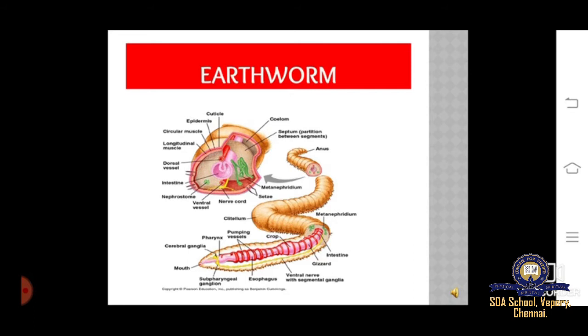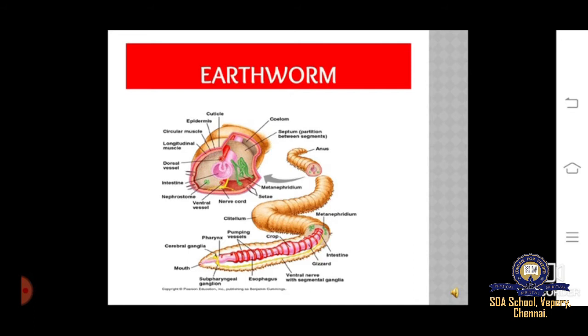Under the segments it has small bristles. Even if it is small, see how many parts it has. Like your human body, it also has a digestive system, reproductive system and respiratory system. Everything is perfectly placed in the small body. With the help of that it does everything and survives in the world.